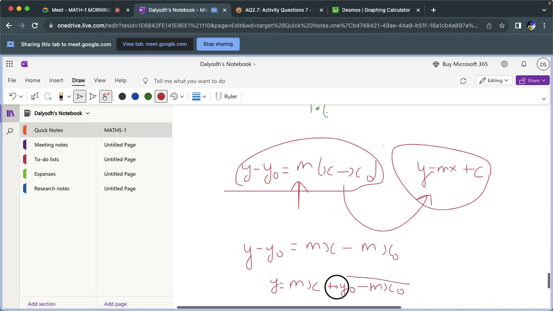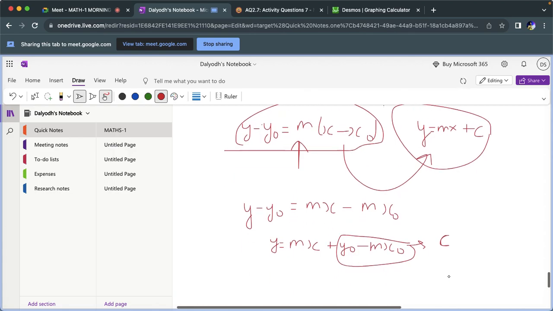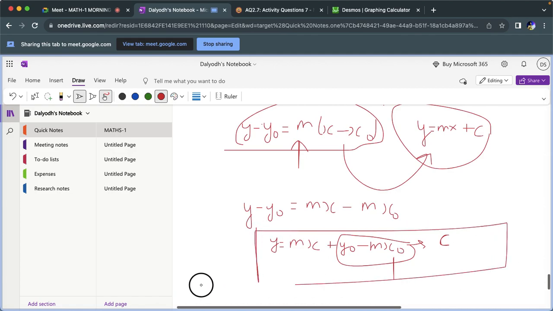So this is our c, right? c is any constant, known as the y-intercept, because you can see that y naught minus mx naught is a constant, since x naught and y naught are a given point.